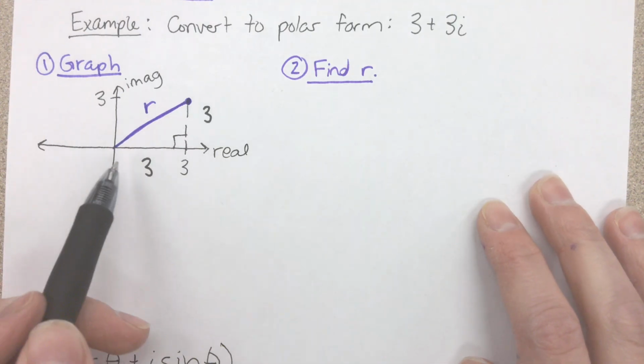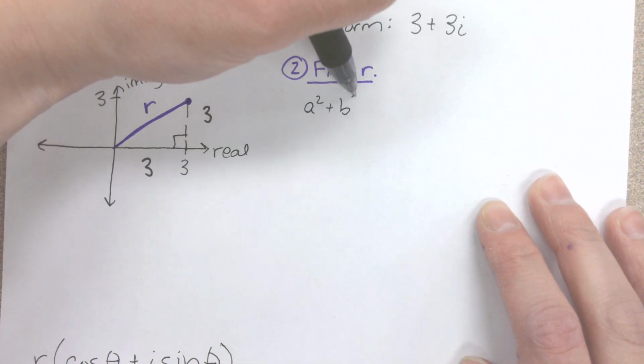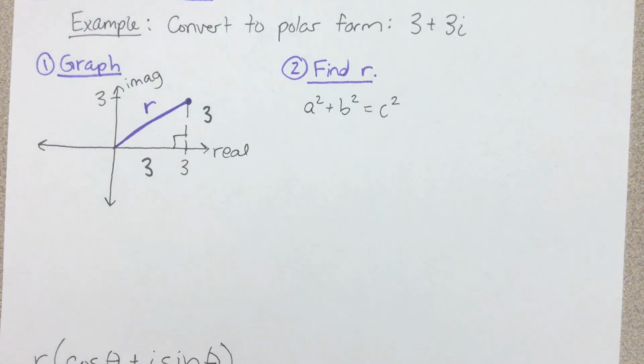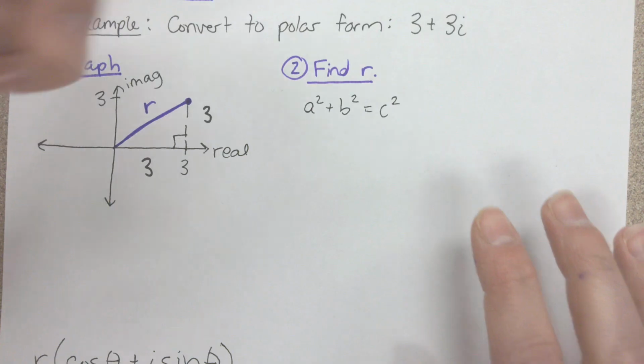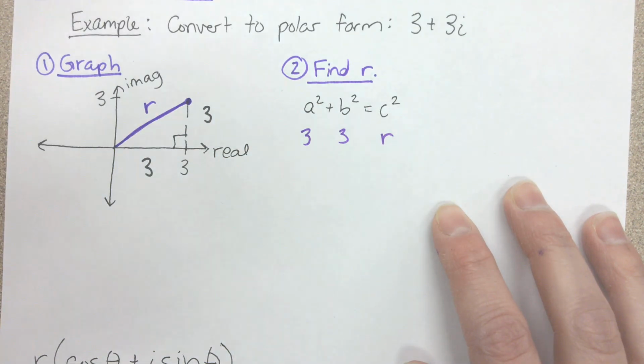And we use our Pythagorean theorem to find r. a squared plus b squared equals c squared. a and b are both 3. And then the c is r.